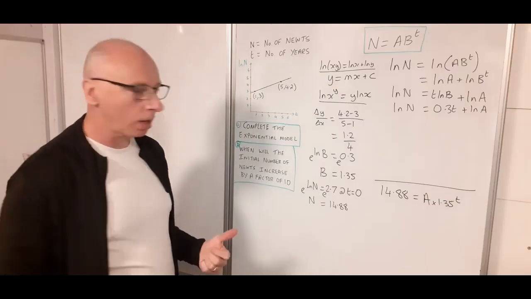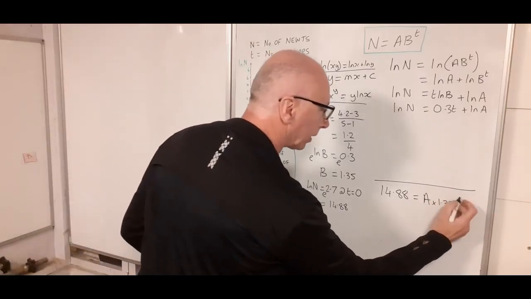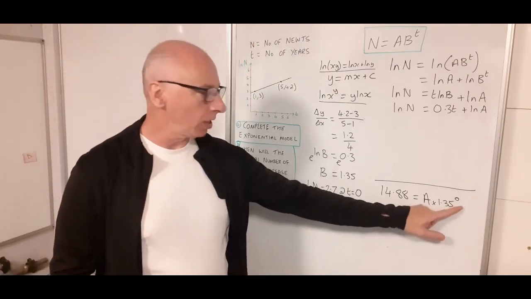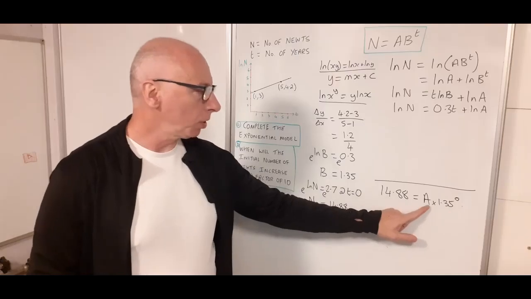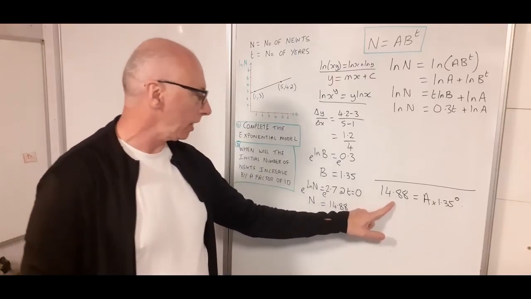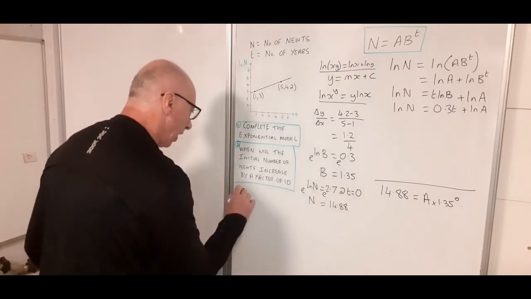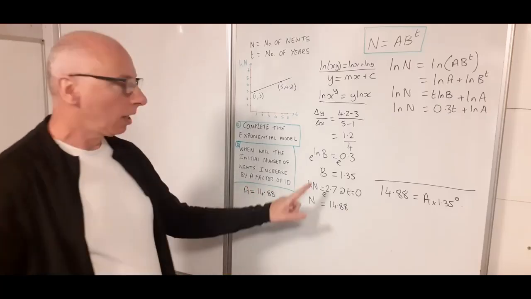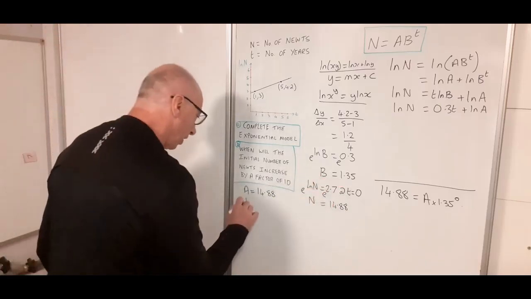Well, t we know is 0, so we can change that to a 0. So 1.35 to the power of 0, that's just 1. So if we're multiplying a by 1, then a must be 14.88. So a equals 14.88. We've got b equals 1.35.